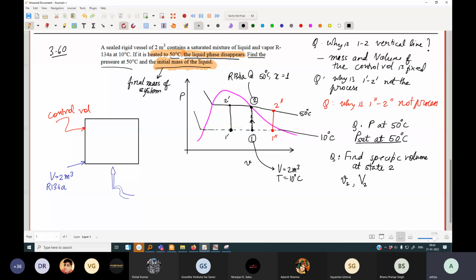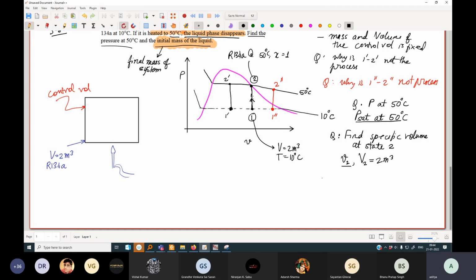What will be the total volume? It will still be 2 meter cube. So once you know the specific volume at state 2 and the total volume, how will I find out the mass? It will be total volume over the specific volume. That's it. We will use this formula to fetch total mass.